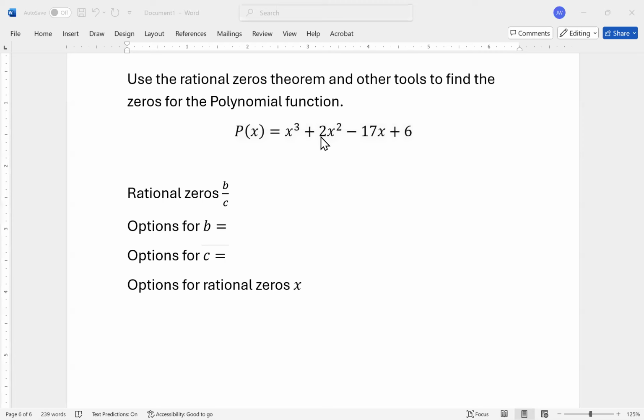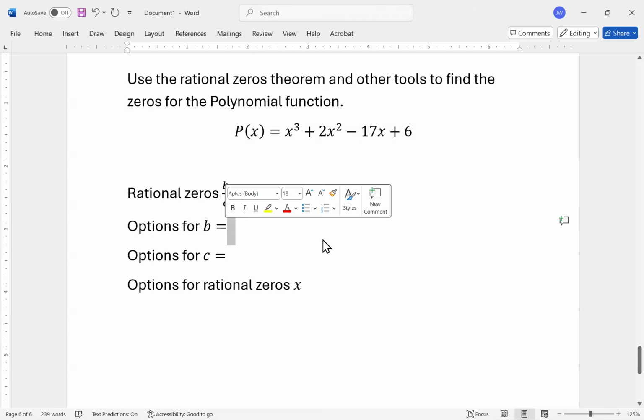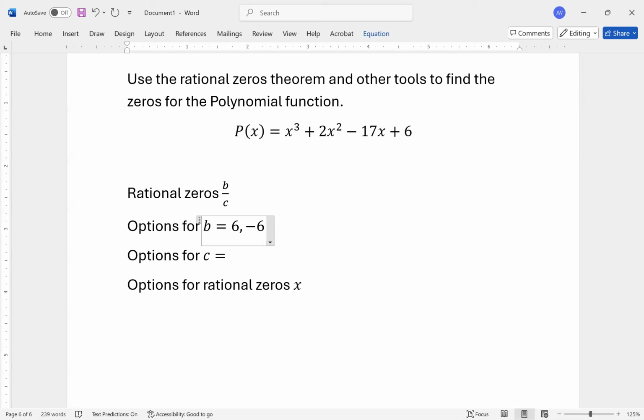This polynomial has nice integer coefficients, so I can use the rational zeros theorem. Again, integer coefficients, that's when we use the rational zeros theorem. All the rational zeros are going to be of the form b over c, where b is a factor of 6 and c is a factor of 1. So I look at factors of 6. That would be 6 and -6, 3 and -3, 2 and -2, 1 and -1.